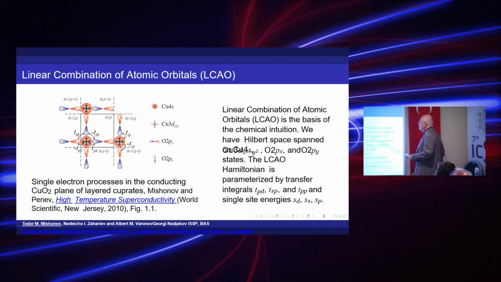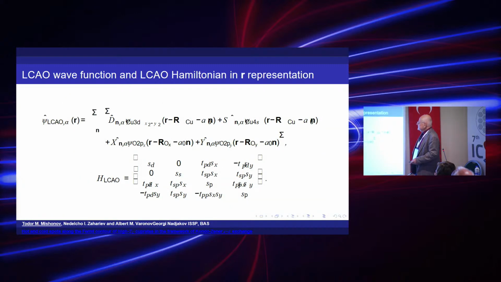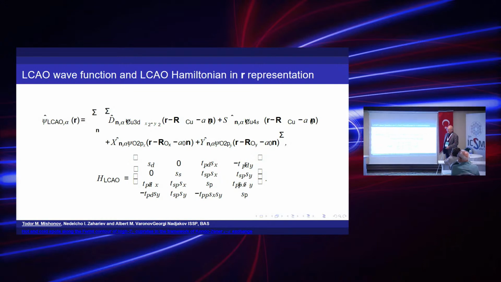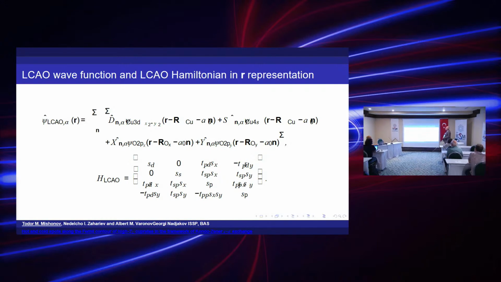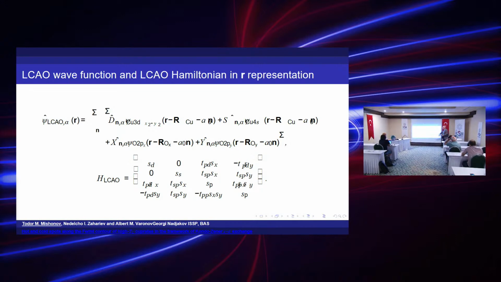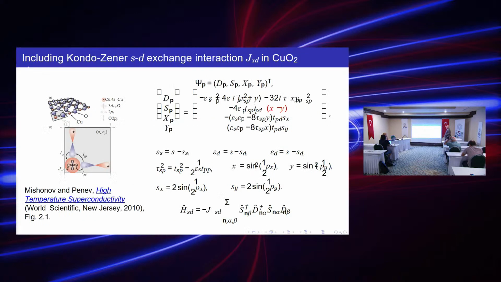Linear combination of atomic orbitals is the basis of chemical intuition, and we will apply this chemical intuition to the physics of superconductivity. Sorry for the incompatibility of the equations on the computers, but I will skip that. The wave function is a linear combination of wave functions of different orbitals, and we have a single-particle orbital, which is the starting point of statistical considerations.